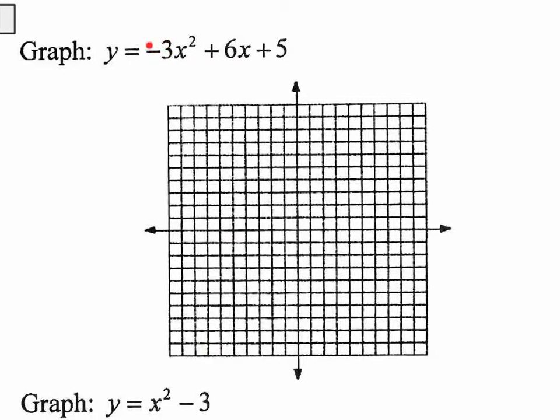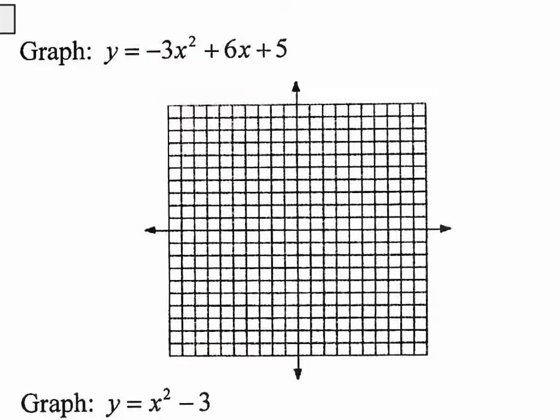Now, is this going to be a wide parabola or is it going to be kind of narrow? Remember, the closer you get to 0, the wider it gets. The further away you get from 0, the more narrow it gets. So this is going to be pretty narrow because it has an a value of -3, right?